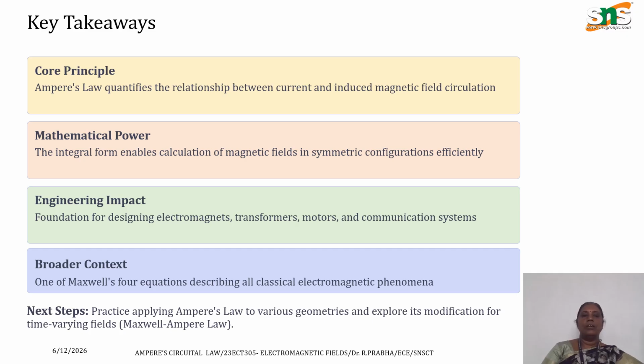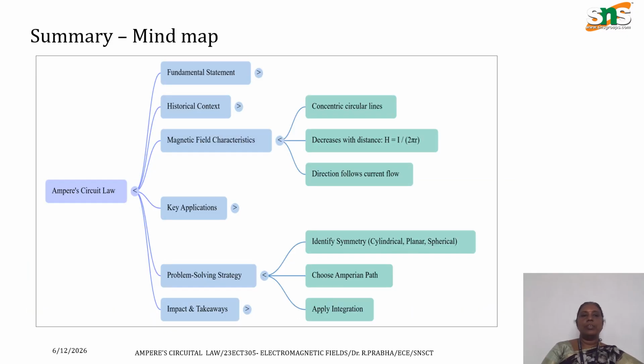And next is the summary. So far we have discussed Ampere's law and its fundamental statement, historical context, and the magnetic field characteristics. We have seen that there will be concentric circular lines and its magnetic field intensity variation, and also the direction of the current flow in a current carrying conductor.